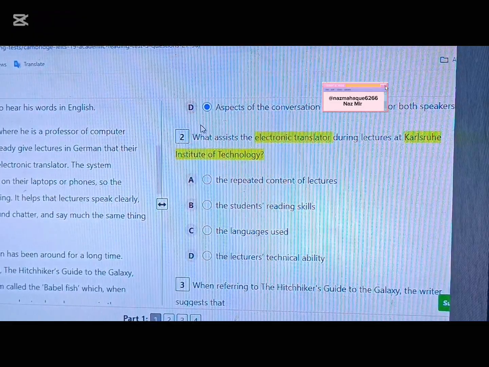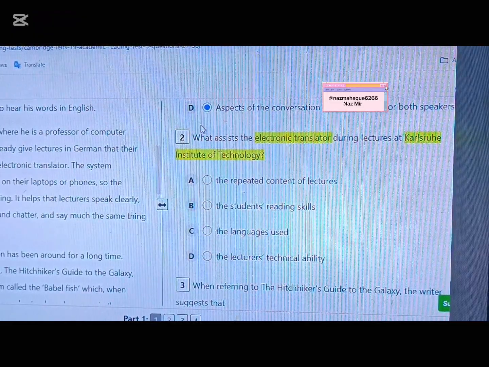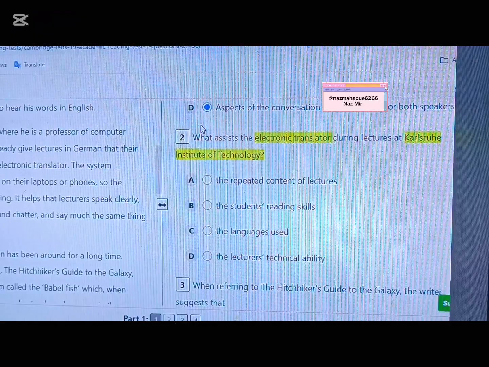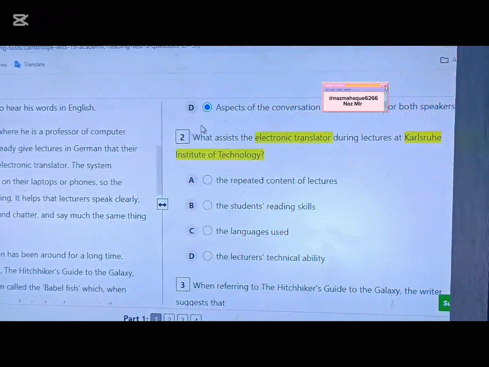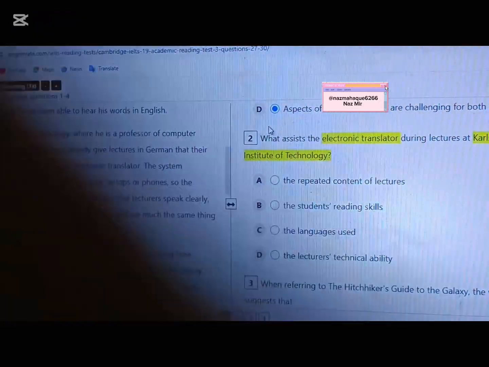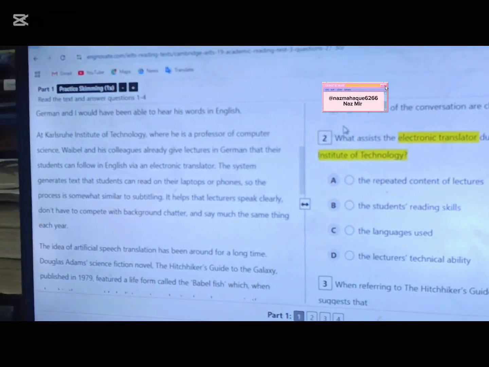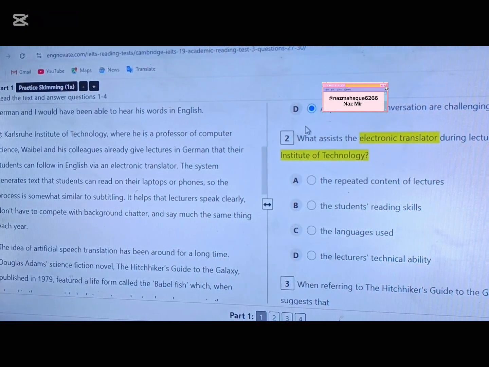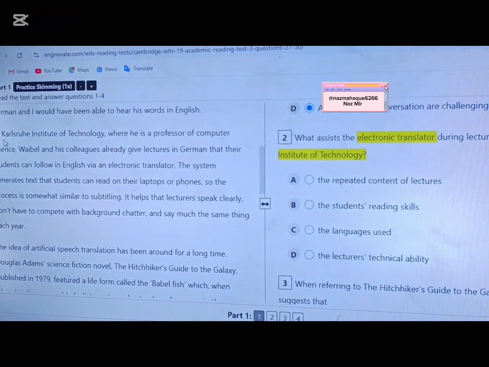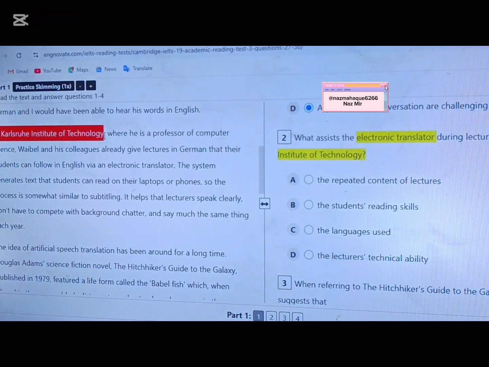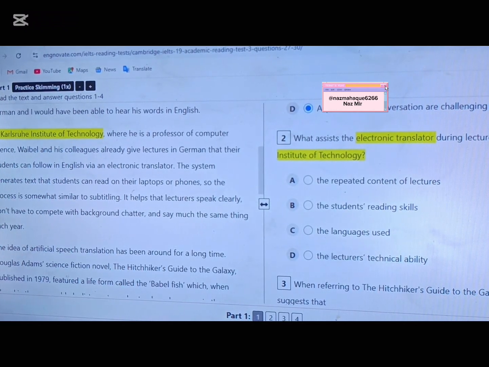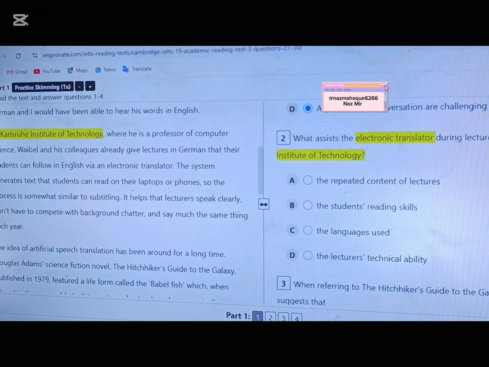So we read the whole first paragraph, but we didn't find any information about this Institute of Technology. But if you focus on the second paragraph, you can clearly see that there's a mention of this Institute of Technology. Can you guys see that? So it means that after the first paragraph, you're going to go to the second paragraph. So when I say that it follows a certain order, this is what I actually mean.